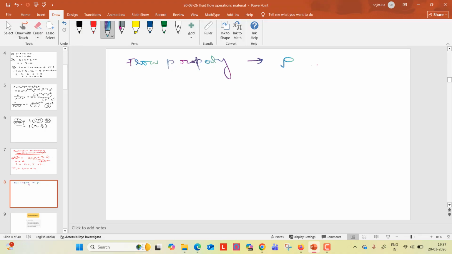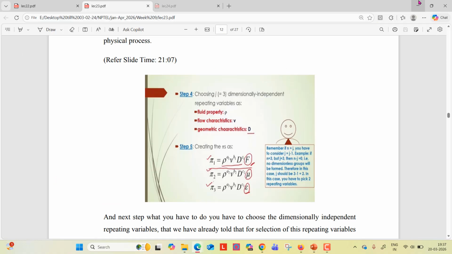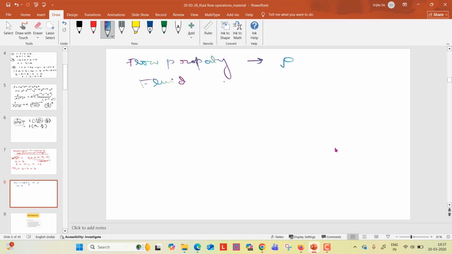You can take mu also, but we are taking rho. From the flow characteristics, it will be V, velocity, and for the geometric characteristics, it will be D, diameter.